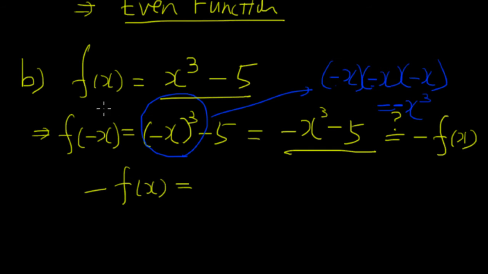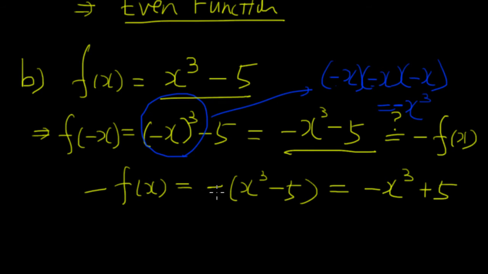Well, negative f of x, you just put a negative here, so you need to put a negative on this side as well. So we're going to put negative, x to the third minus 5. So we need the parentheses because we're putting the negative to the whole thing. And this will end up being negative x to the third plus 5, right? I'm just distributing this negative. So is this the same?